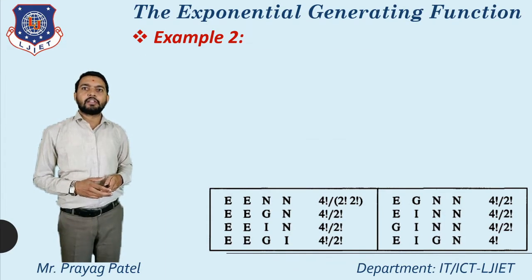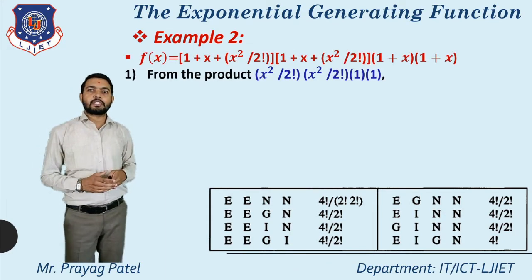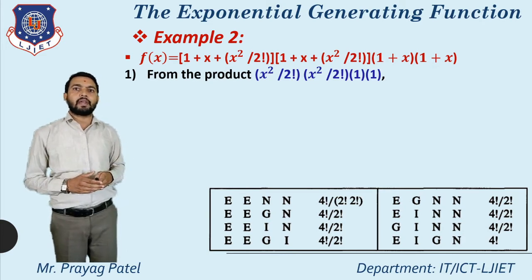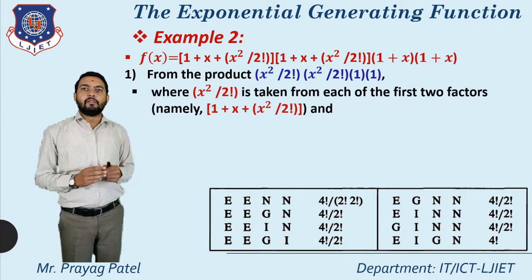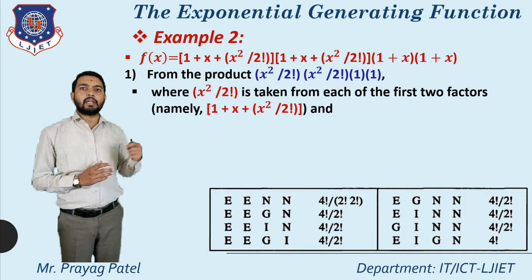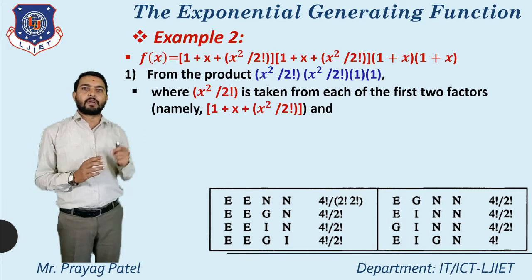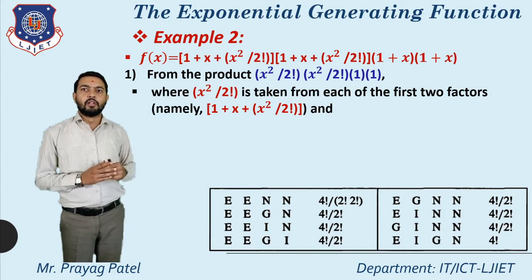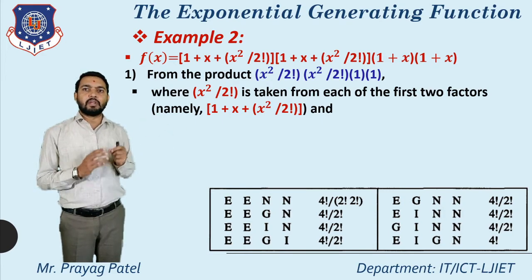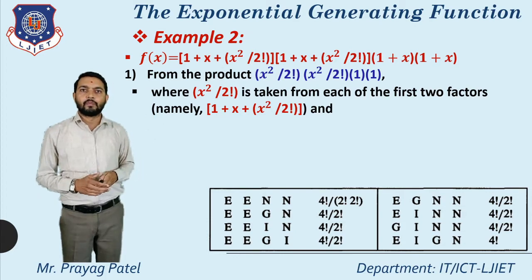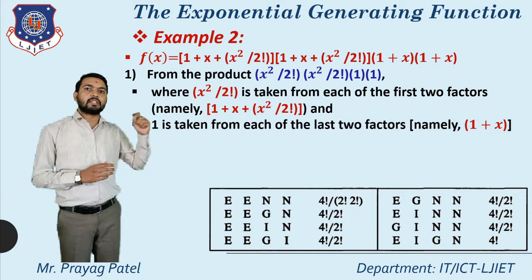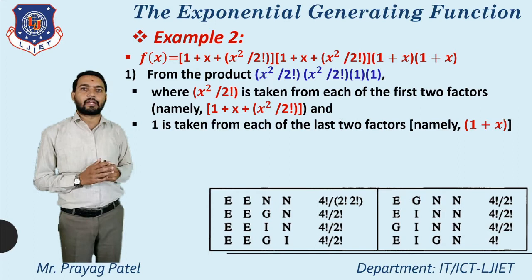Now consider the first case. From the product x square divided by 2 factorial into x square divided by 2 factorial into 1 into 1, x square divided by 2 factorial is taken from the first 2 factors. So from the first and second portions we select x square by 2 factorial, 2 times, and 1 is selected from the last 2 factors.